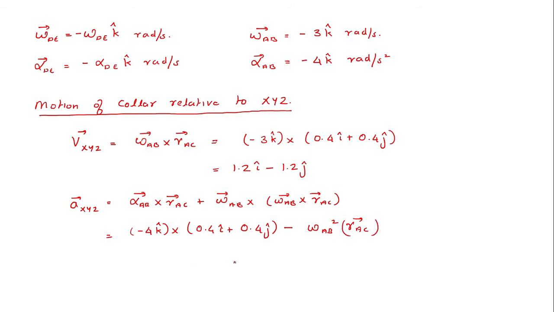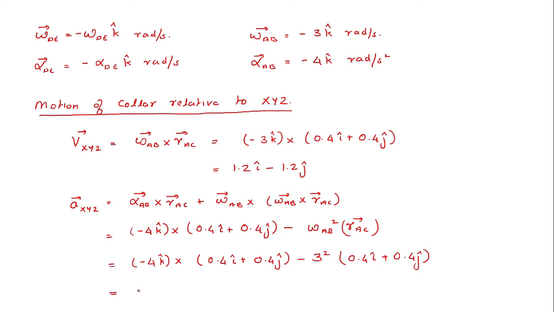So this will be equal to minus 4k cap cross 0.4 I cap plus 0.4 J cap minus, omega AB having a magnitude 3, so 3 square into 0.4 I cap plus 0.4 J cap.